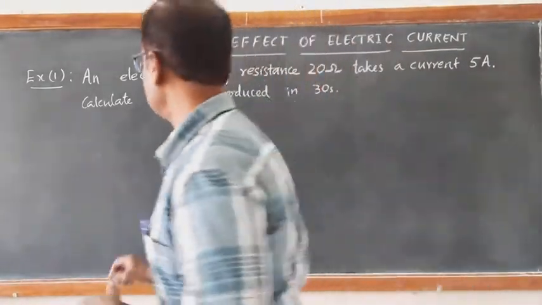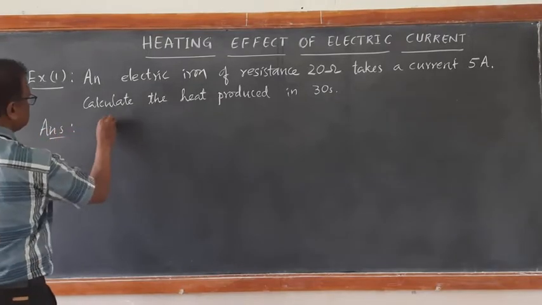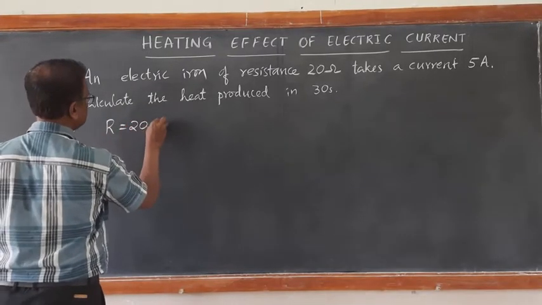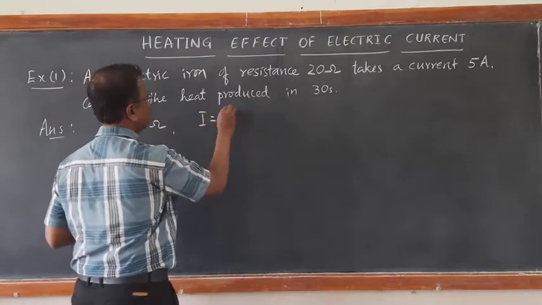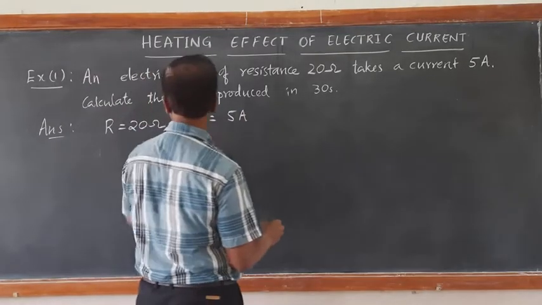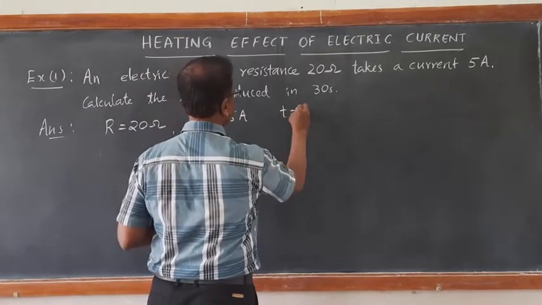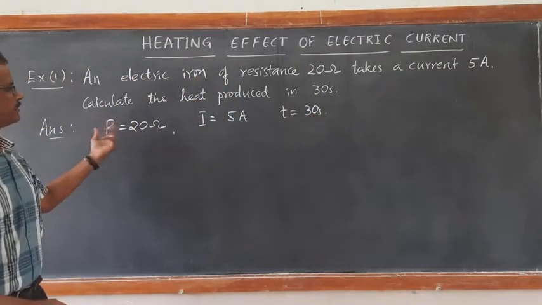So R is equal to 20 ohm. It takes the current I equal to 5 amps, and it is kept heating for time t equal to 30 seconds. How much is the heat produced?